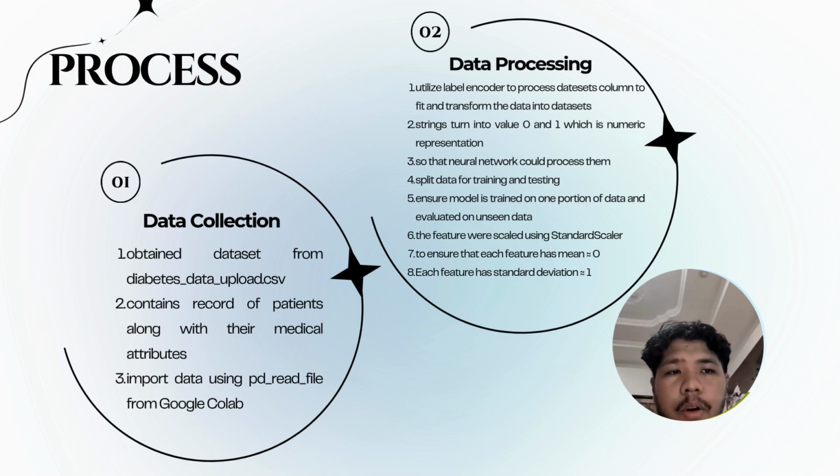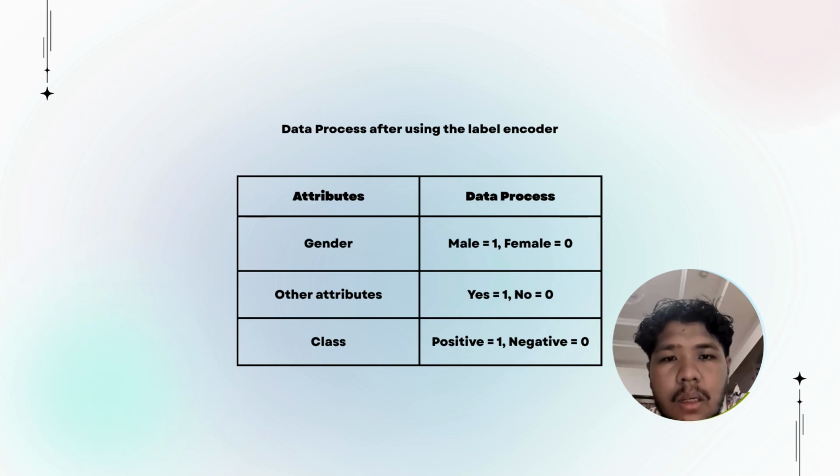These are transformed into numeric representation so that the neural network can process it. The data will later be shown after using the label encoder. This is the result of the data processing after using the label encoder. As you can see, there are attributes and processed data, which are gender, other attributes, and class.